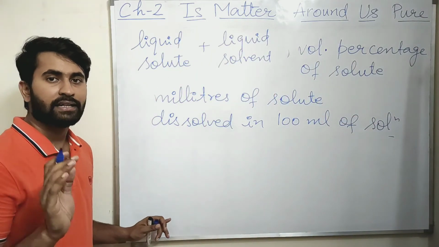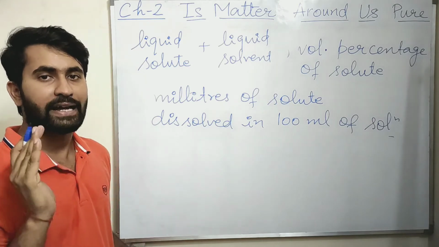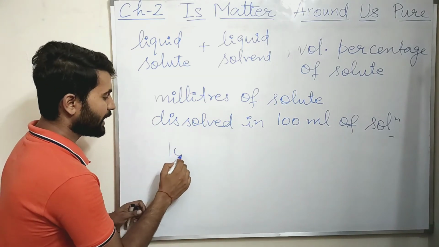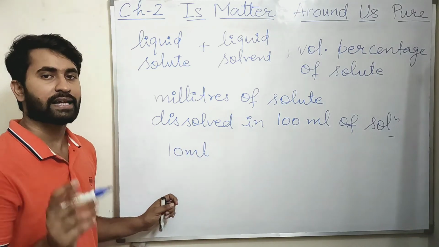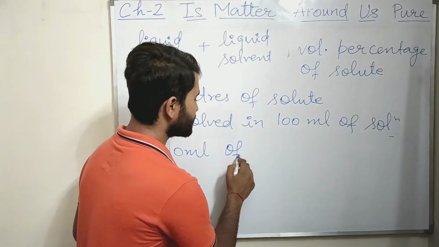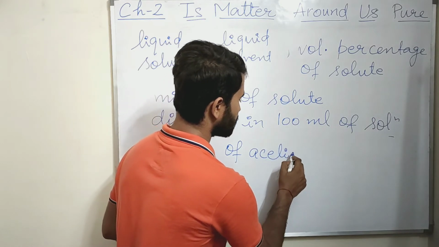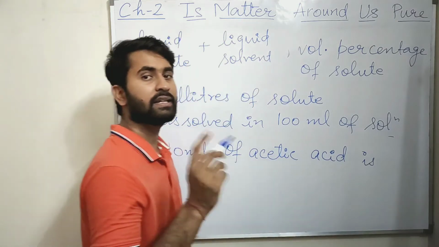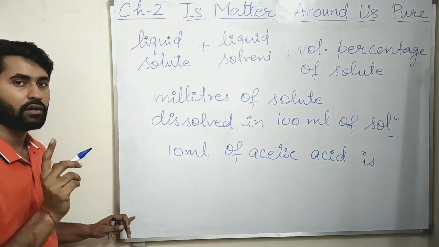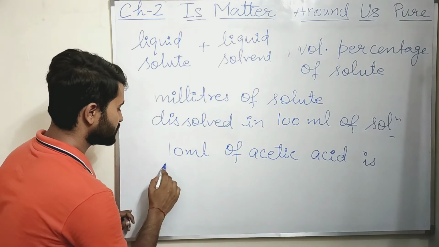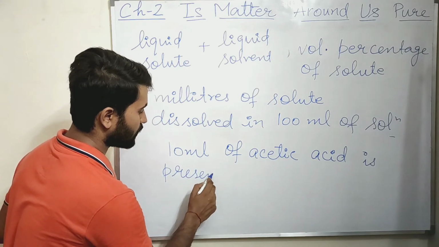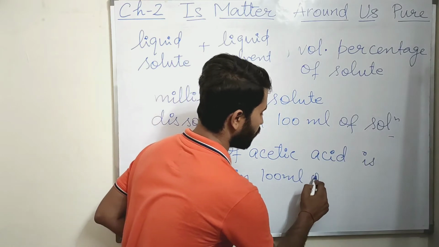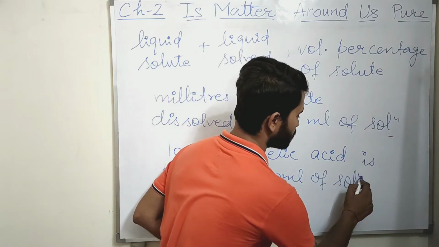Example, 10% solution of acetic acid means that 10 ml of acetic acid is present in 100 ml of solution.